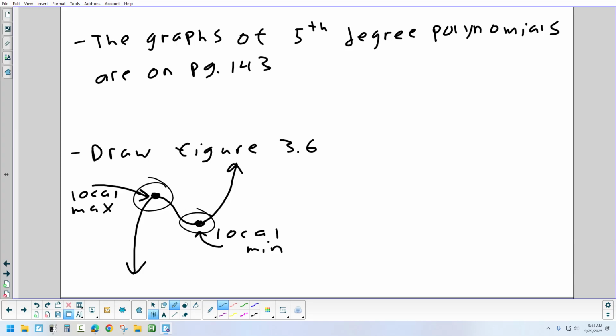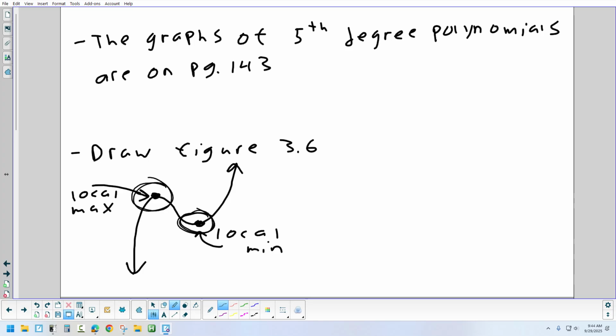The reason it's called local is because local doesn't mean it is the lowest value the function ever hits. The lowest value this function hits is negative infinity. I'm just saying that this value is lower than everything else that is around it. And a local maximum is a value that is higher than everything else around it.